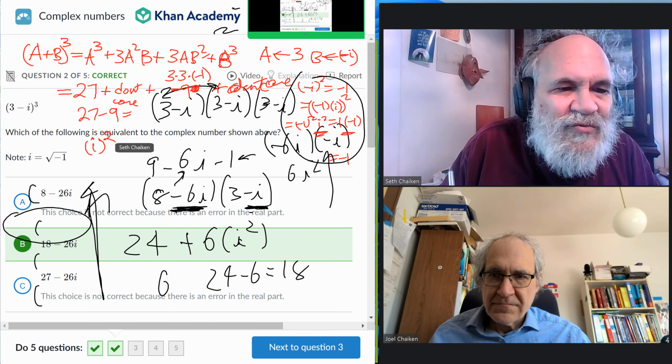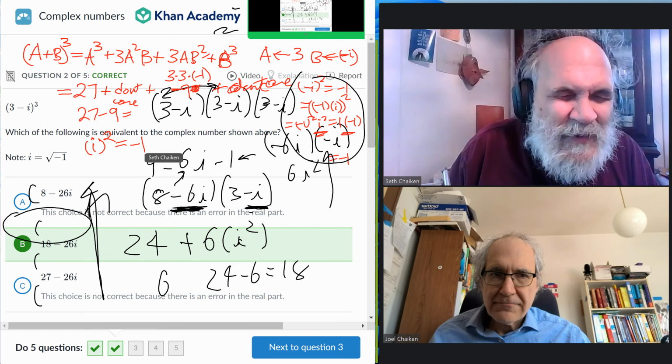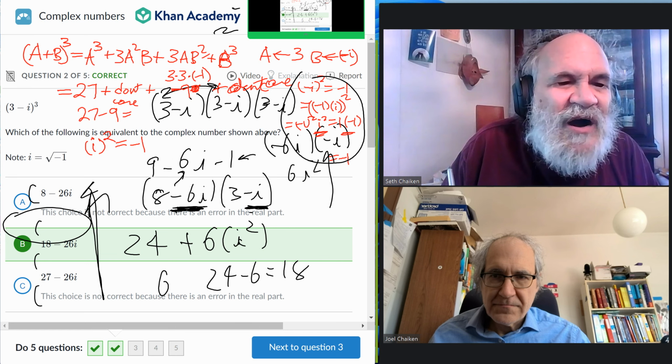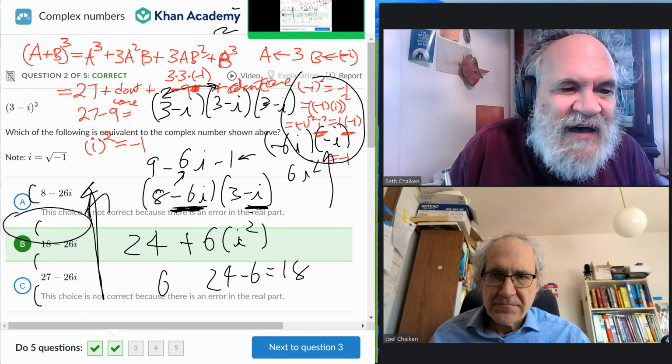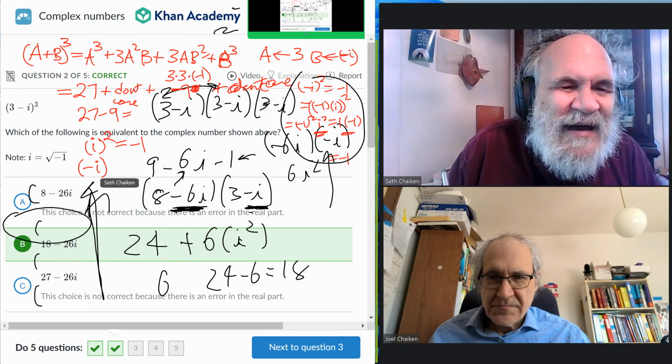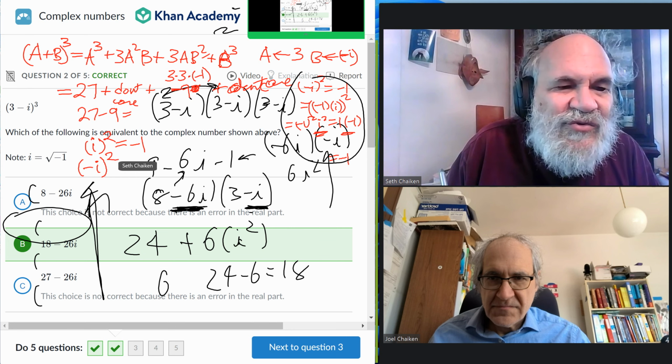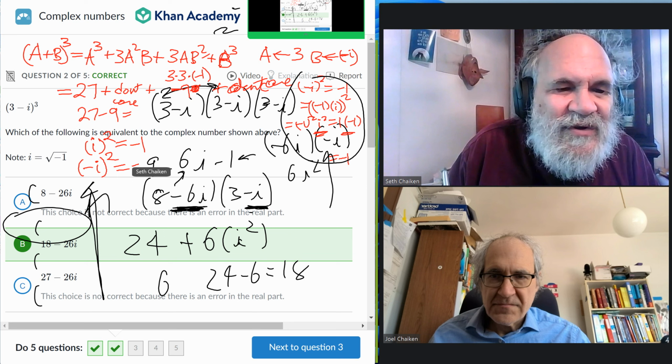The basic rule is that i squared is simplified to -1. A derived rule that is very helpful to actually memorize is that the square of -i is also -1.